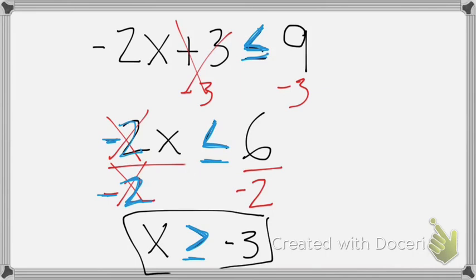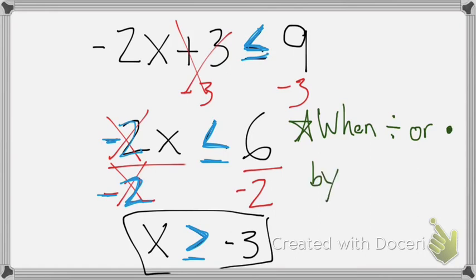Okay, so that's something we're going to write down. That's something I need you guys to have in your notes. That's the main idea with these inequalities, is when you solve them, when you divide, I'm going to go real shorthand, when you divide or multiply by a negative, we have to switch the sign.